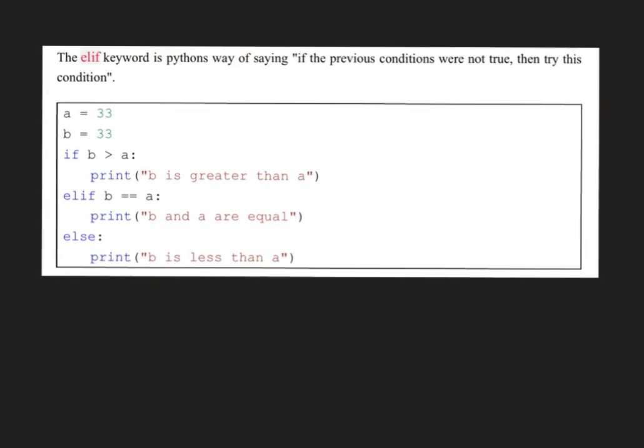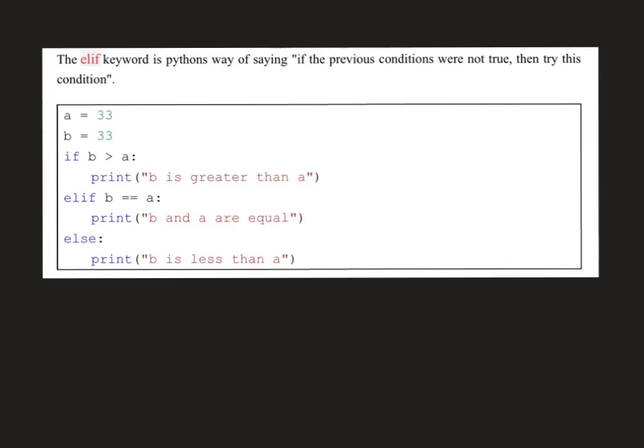How about the case with more than two decisions, like this one? This one, I use an elif programming structure. The first statement is if b is greater than a. Is it true? a and b are both equal to 33. This statement is not true.